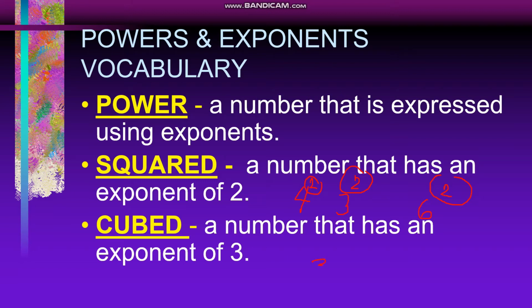For example, I have 3 to the third power, or we can say 3 cubed; 12 to the third power, or 12 cubed; and 6 to the third power, or 6 cubed. Those are the powers and exponents vocabulary.